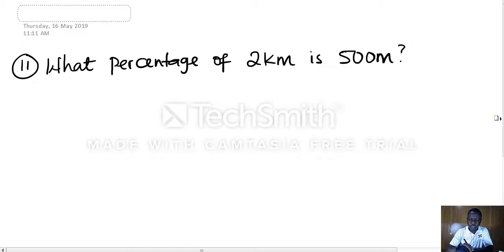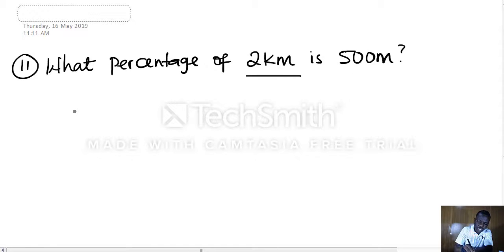Question 11 says, what percentage of 2 kilometers is 500 meters? So what we are going to do is to first of all convert 2 kilometers to meters, and then find what percentage of it is 500.